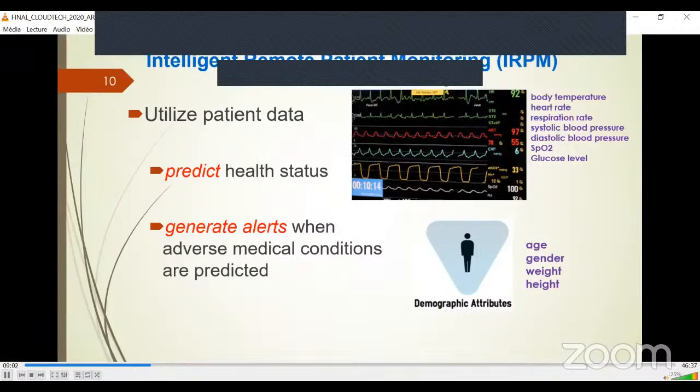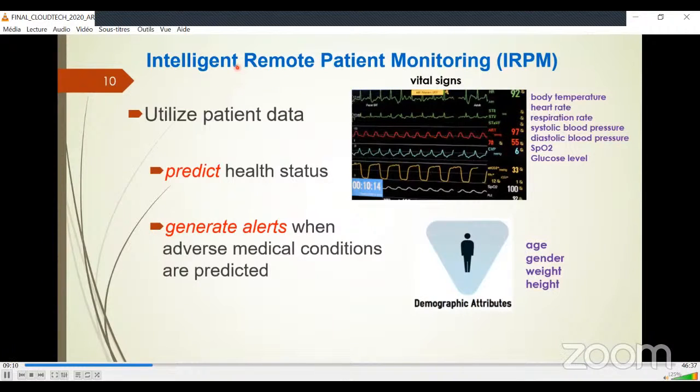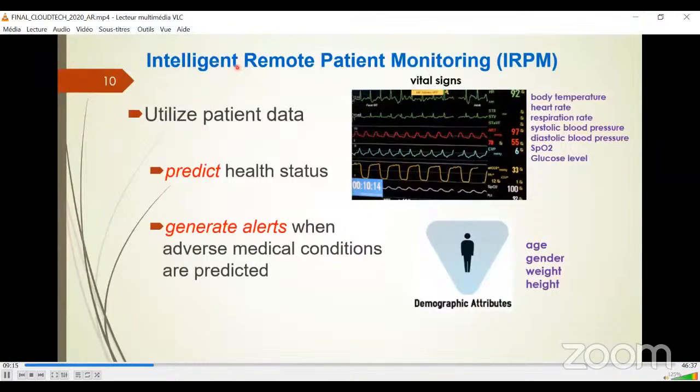And when we detect certain unwanted conditions, generate some alerts that might be sent directly to patients if necessary. And what we mean by vital signs here, things like body temperature, heart rate, respiration rate, and so on and so forth.